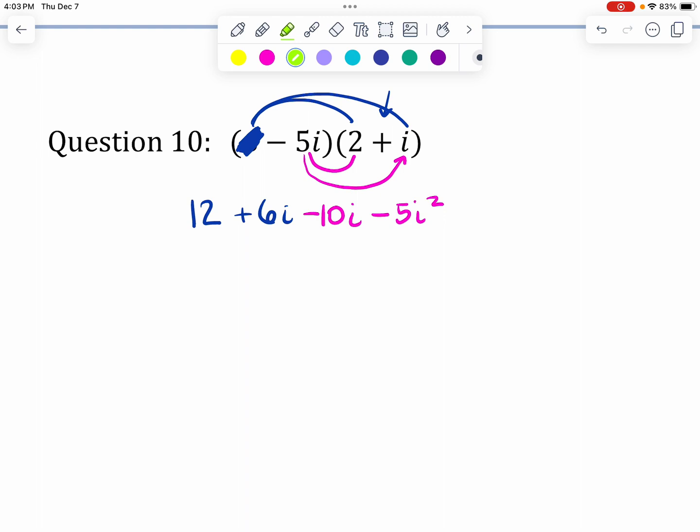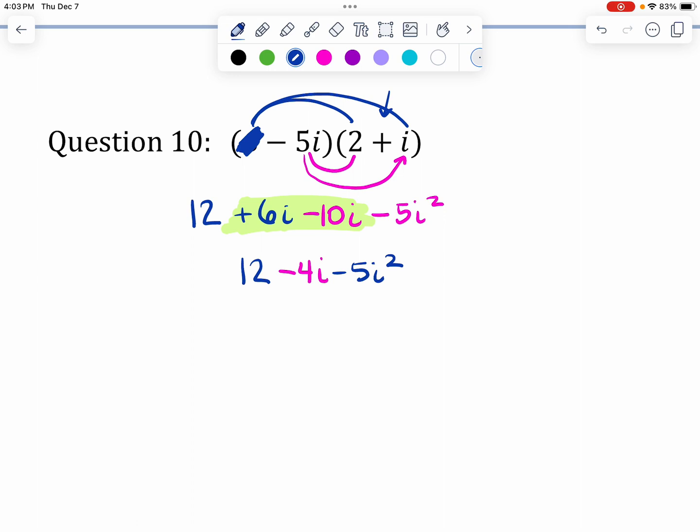Since these two things are alike, I can just type in 6 minus 10 in my brain or in my calculator, and 6 minus 10 is negative 4. So 6i minus 10i must be negative 4i. And then I'm just going to bring down the other stuff, and I'm pretty much done. It doesn't look like any of that stuff is combinable.